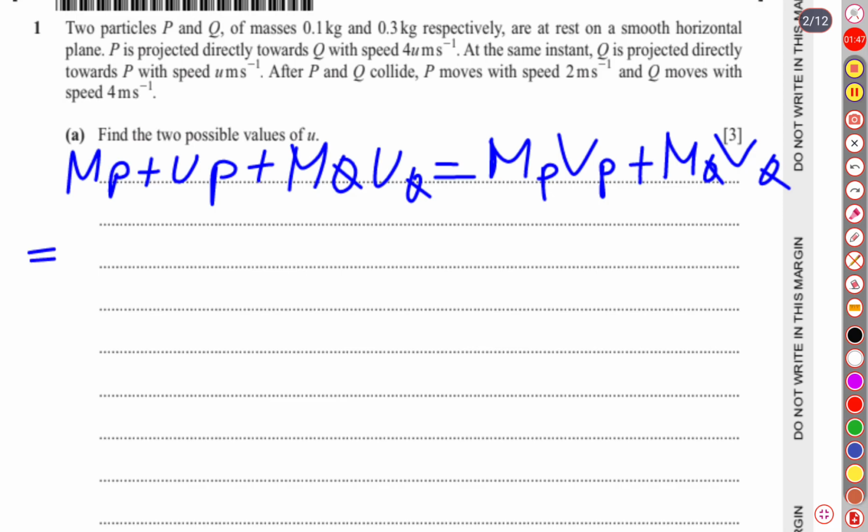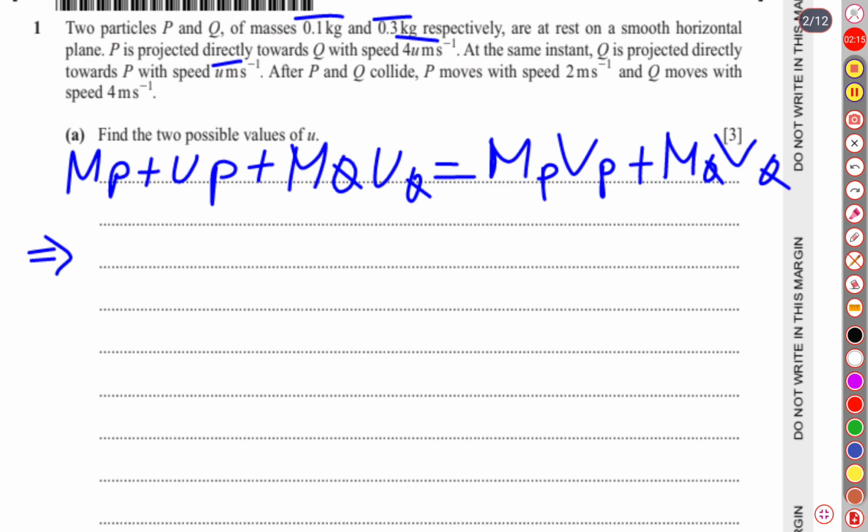So what is the mass of the particle P? Mass of particle P is 0.1, whereas the mass of particle Q is 0.3. The initial velocity for particle P is 4 meter per second and for particle Q is u meter per second.